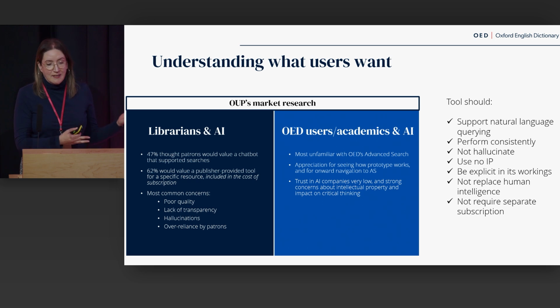The research was clear that hallucinations were unwelcome, as was anything that de-skilled people, particularly students. So we were pretty confident that the right thing to do was to build a tool that could perform consistently, avoided hallucinations, didn't use intellectual property, was explicit in how it worked, didn't replace human intelligence, and was low cost enough to not require a separate subscription. So we built the prototype on that basis.